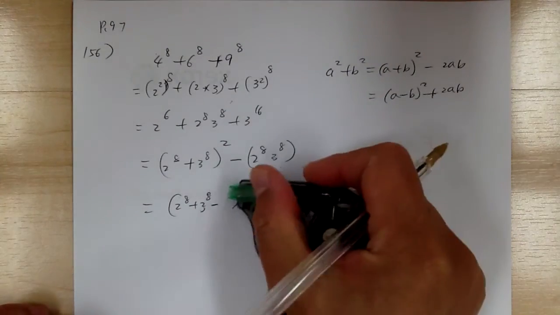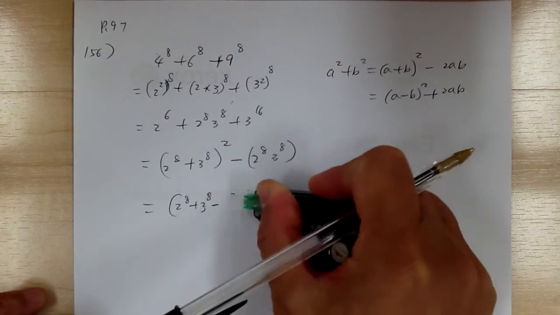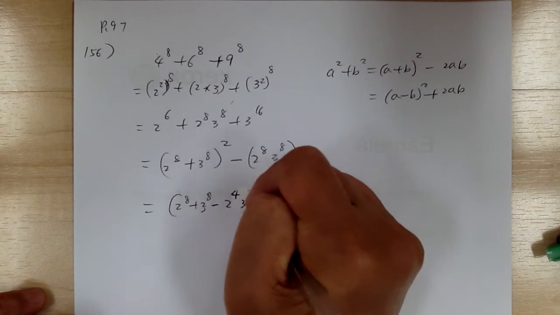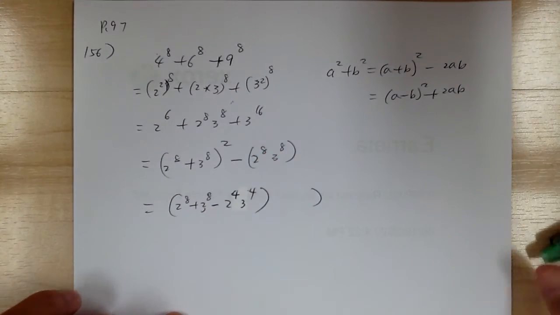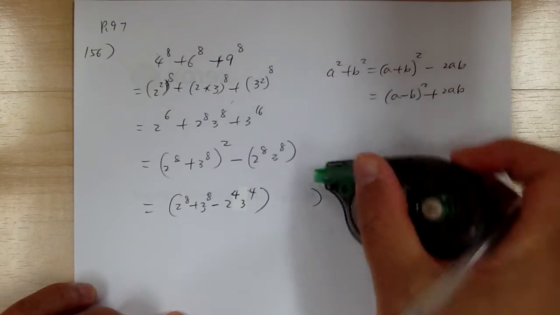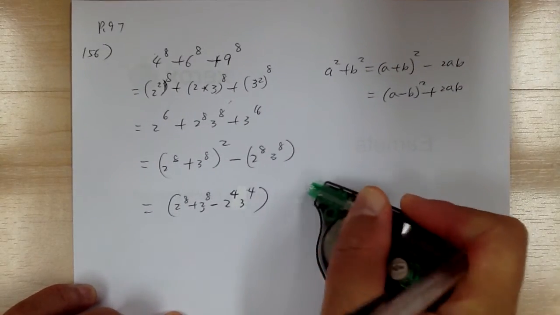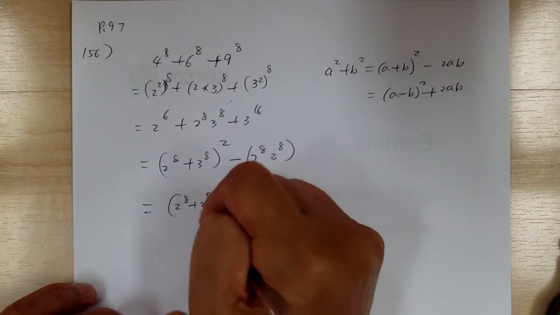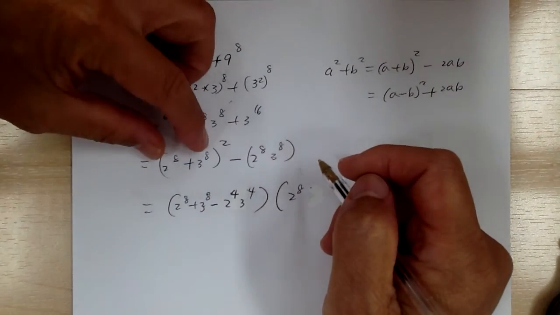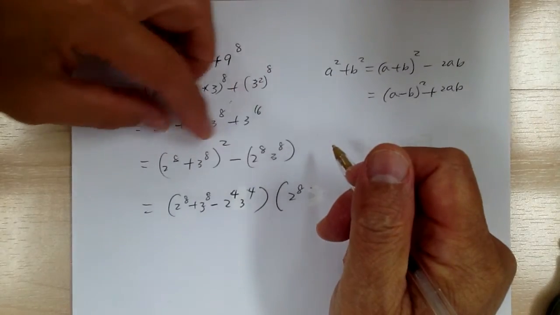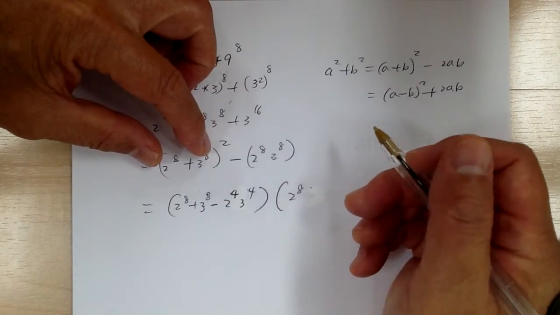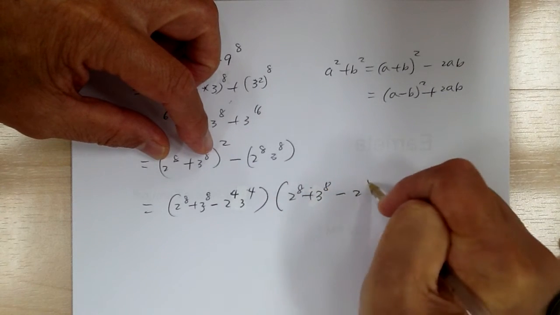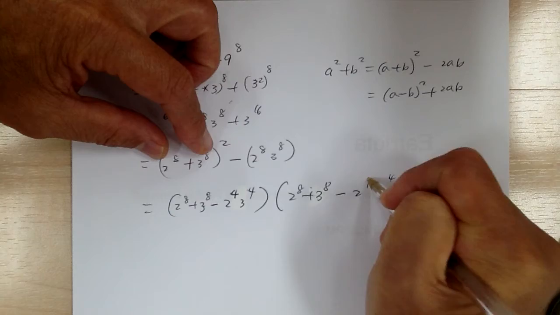Run out of space. So minus 2 to the 4, 3 to the 4. So that's your first parentheses. And the second parenthesis would be 2 to the 8 plus 3 to the 8 minus 2 to the 4, 3 to the 4.